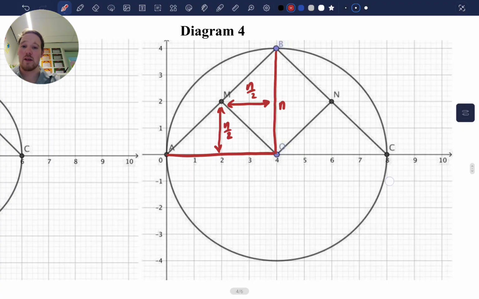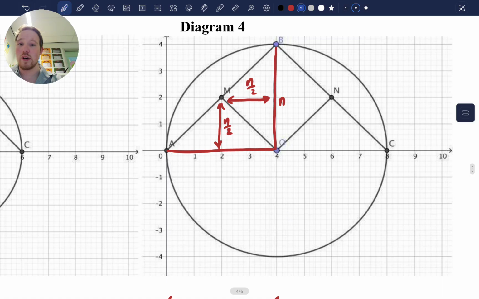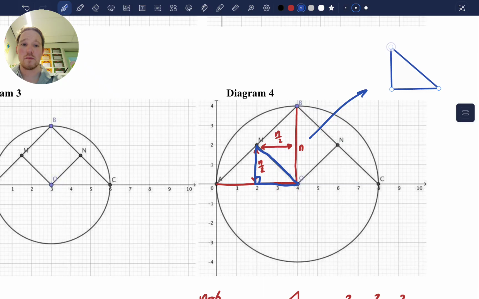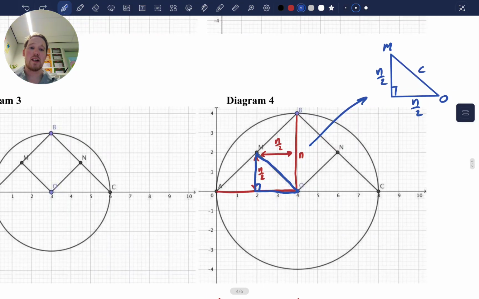So once again we can make a Pythagoras equation to find the diagonal in this right angled triangle. If I have n over 2 and n over 2, and I want to find this diagonal length from M to O, let's call this hypotenuse C. How do I find that?